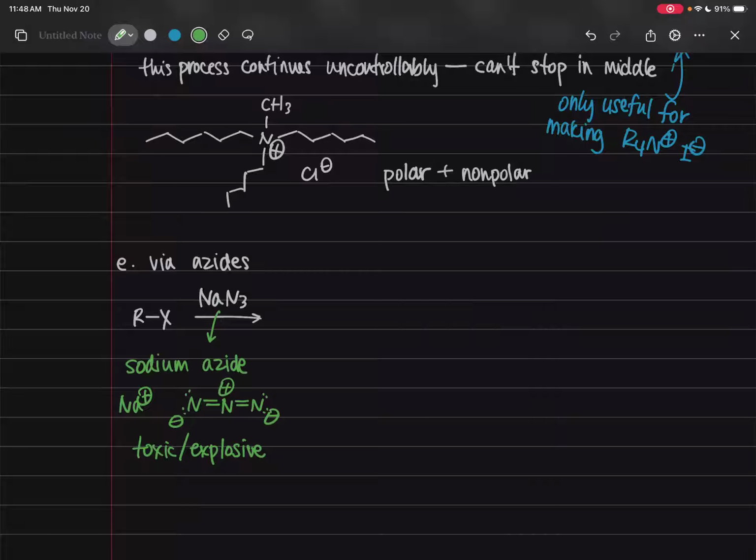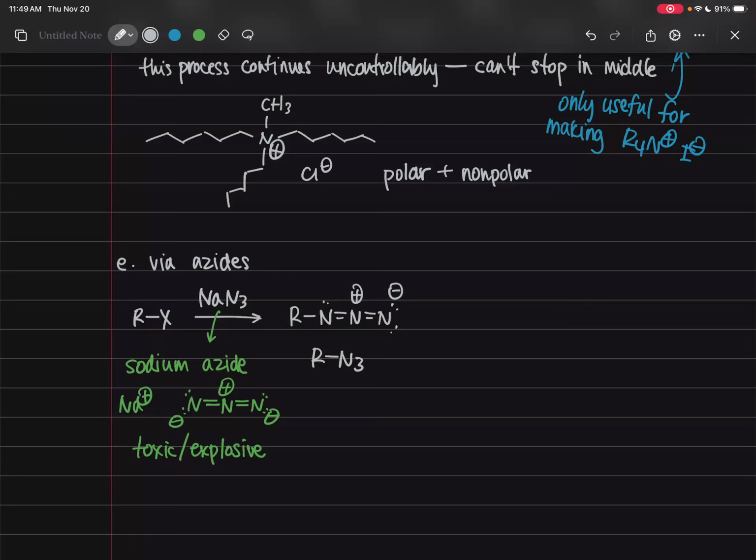So if you treat an alkyl halide with sodium azide, you end up with just attaching that ion to an organic group. So we can also write this as R-N3. Actually, the organic ones aren't super toxic, but they're still explosive.